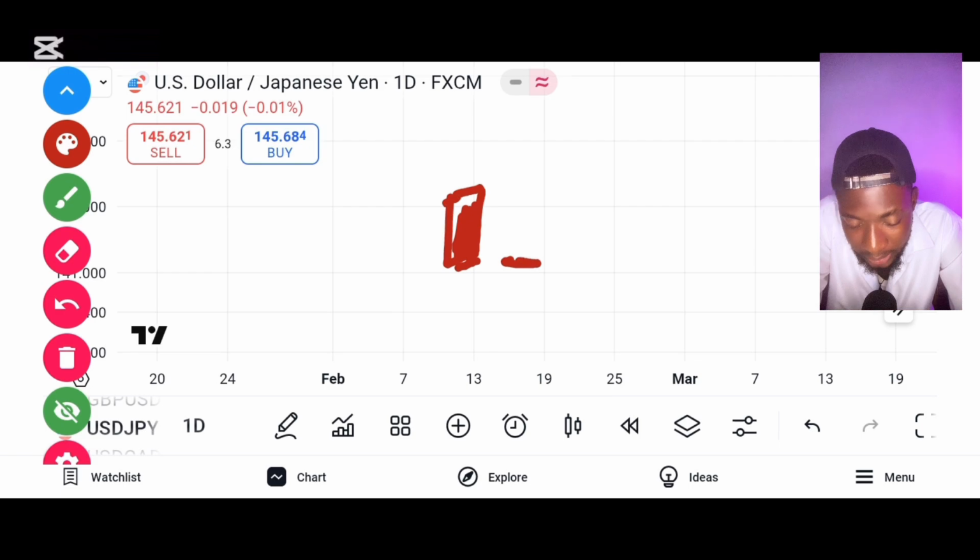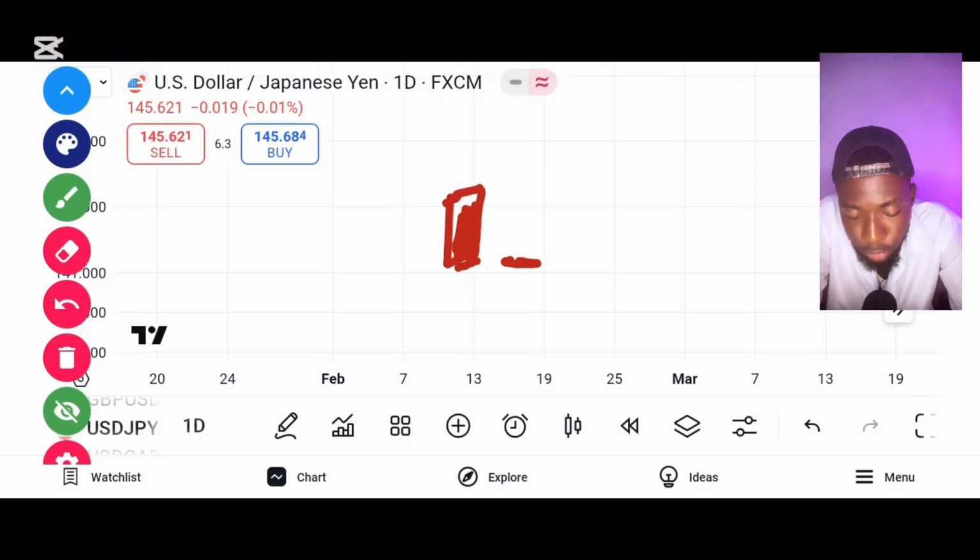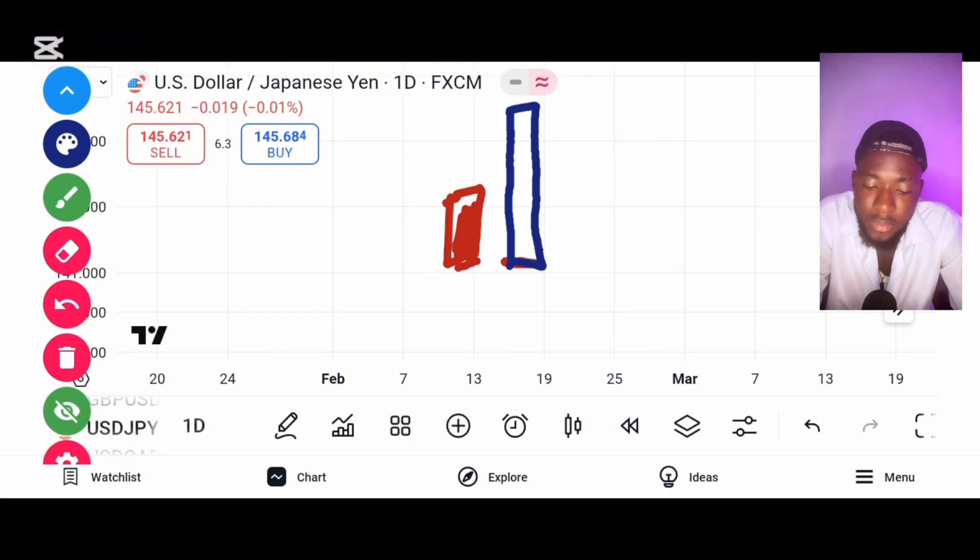Then the next one, the buyers just came and pushed the price up, without even giving the sellers a chance to do anything. Do you understand? They don't even give the sellers a chance to move the market down at all.